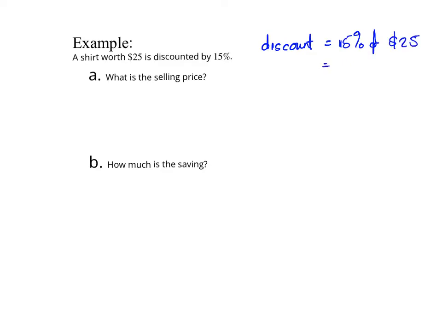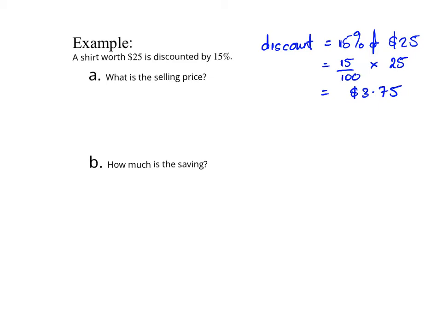So shirts are, say, for example, in Myers, there's a 15% off sale. So 15% is 15 over 100. Of is times 25. And again, put that into your calculator and you end up with $3.75. So if there's a 15% sale, something worth $25 is discounted by $3.75.